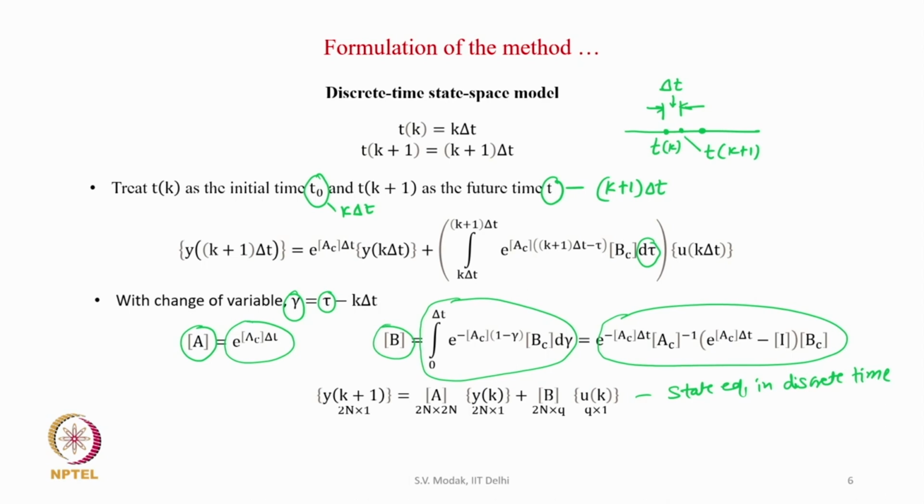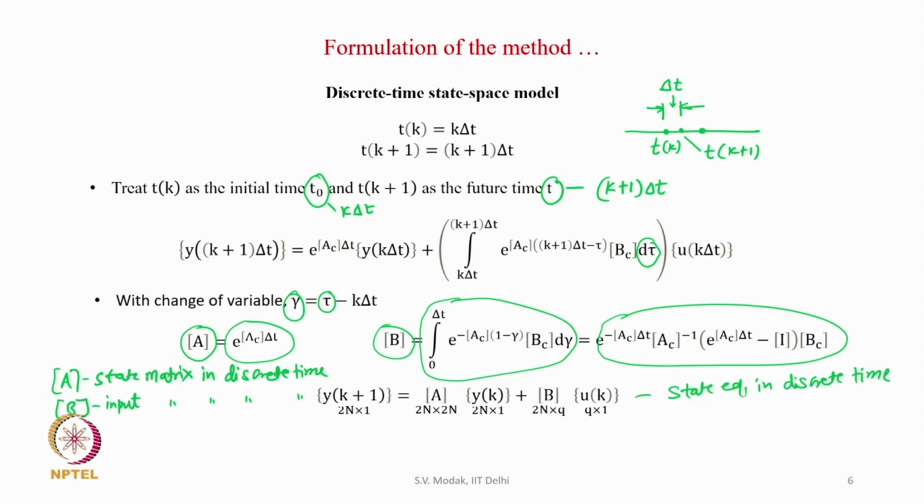Here A is the state matrix in discrete time. Similarly, B is the input matrix in discrete time, and Yk is the state vector in discrete time.